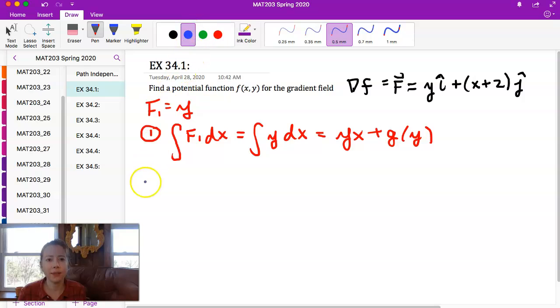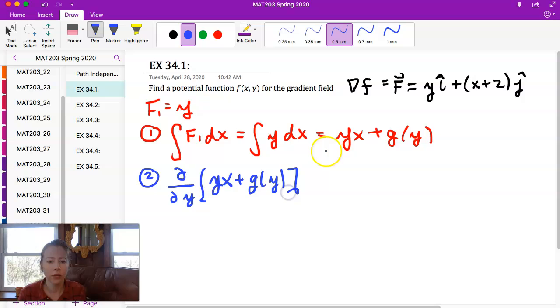So for step 2, what we're going to do is differentiate the result with respect to y. So we're going to take del over del y of y x plus g of y, and this is going to give us x plus g prime of y.